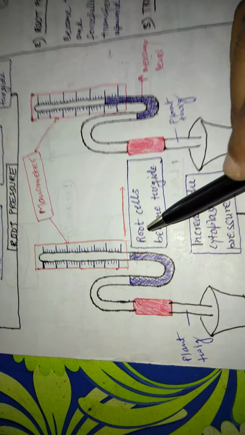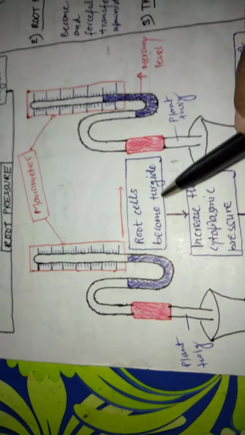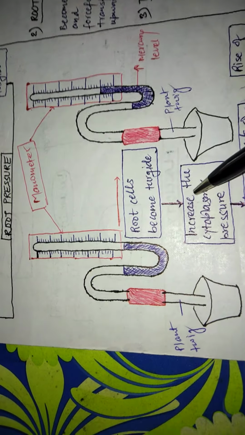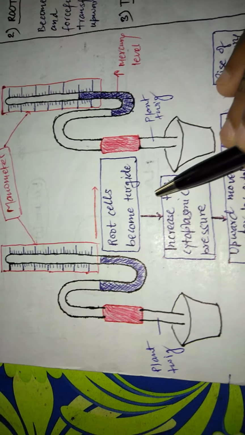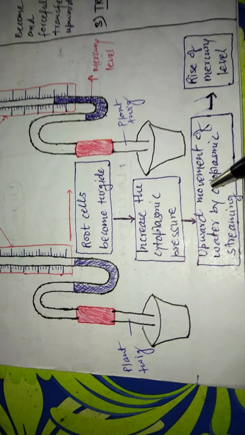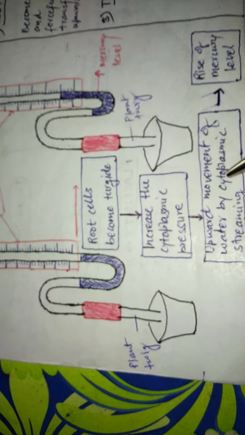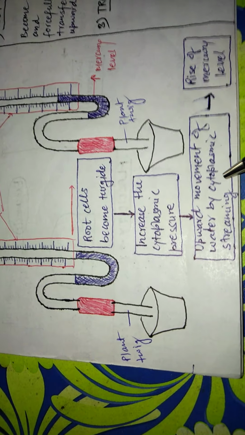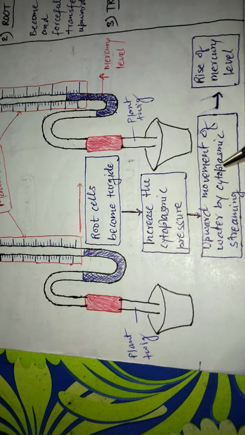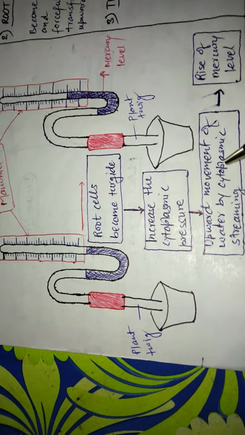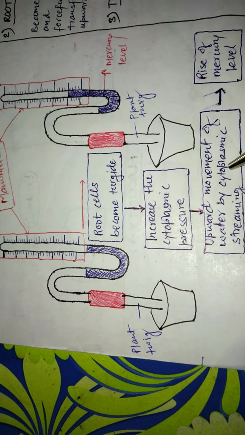So the root cells become turgid, the cytoplasmic pressure increases, and after that, what will occur? The upward movement of water by cytoplasmic streaming. What is cytoplasmic streaming? It means the water content is able to move from cytoplasm to cytoplasm due to the root pressure of the hair cells.